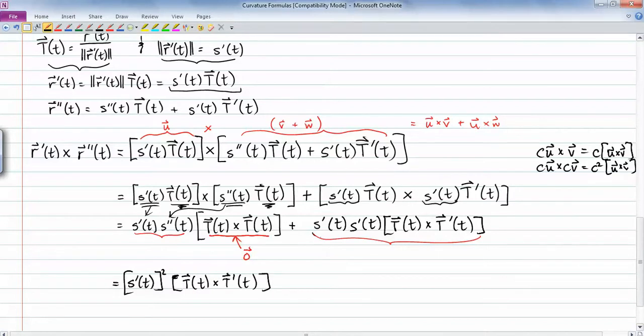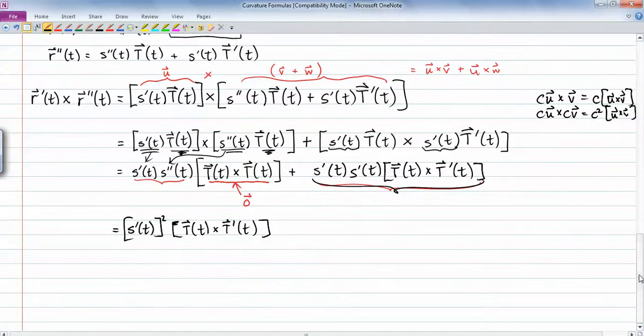So that's really just the remainder part over here, because the rest of it was the zero vector. Okay, now T(t) is a unit vector, remember. So since the magnitude of T(t) always equals 1, we have that property that we figured out a while back.